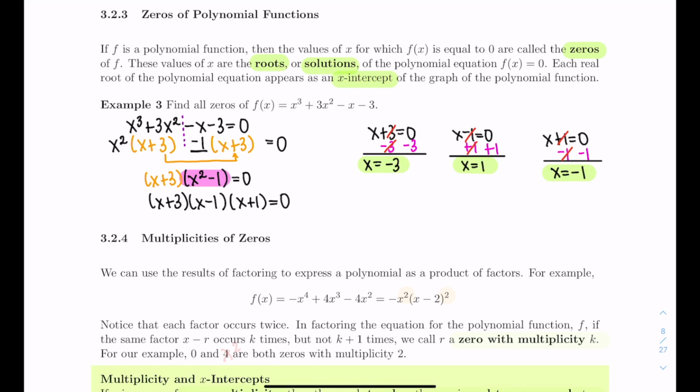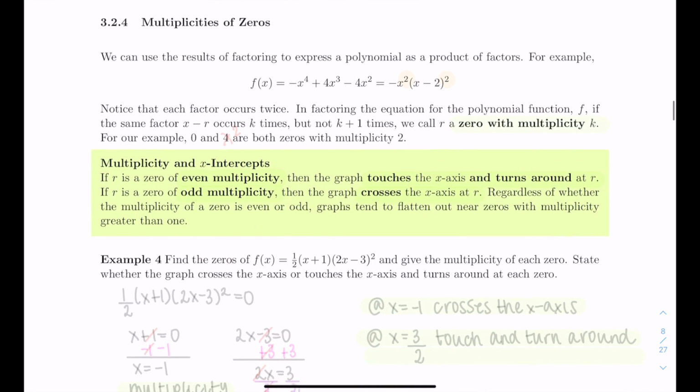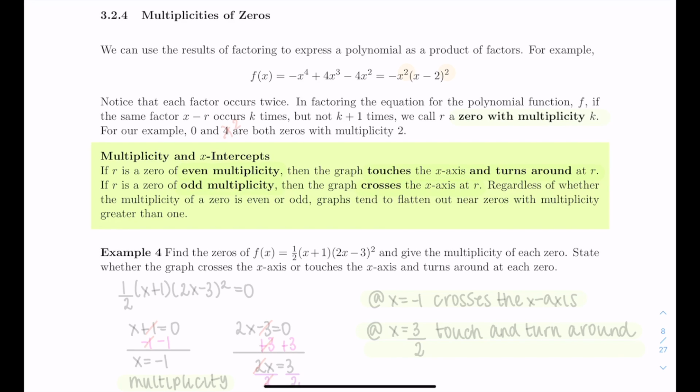Now what about the multiplicities of zeros? We can use the results of factoring to express a polynomial as a product of factors. For example, let's look at negative x to the fourth plus 4x cubed minus 4x squared, and that's equal to negative x squared times x minus 2 squared.